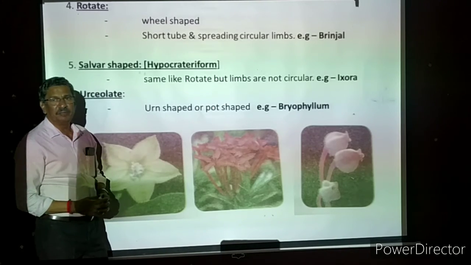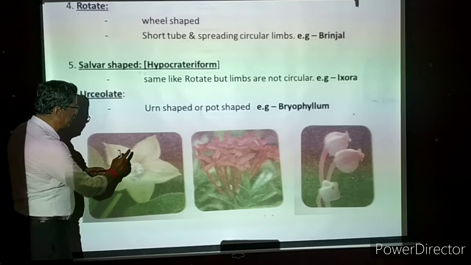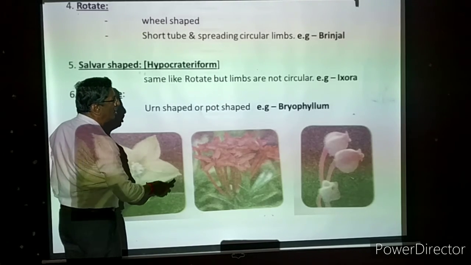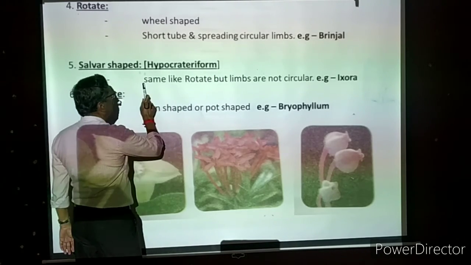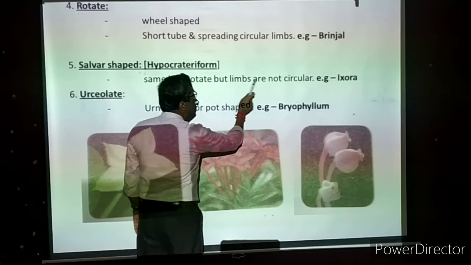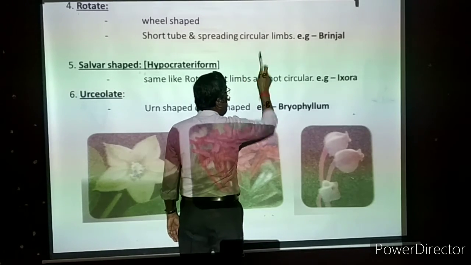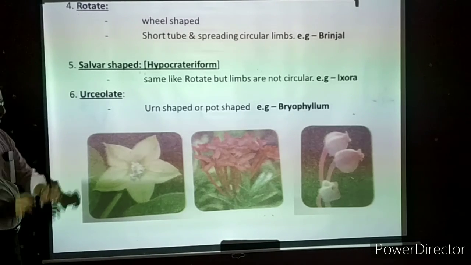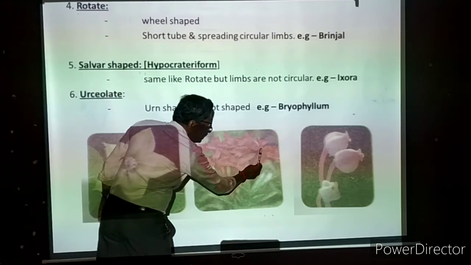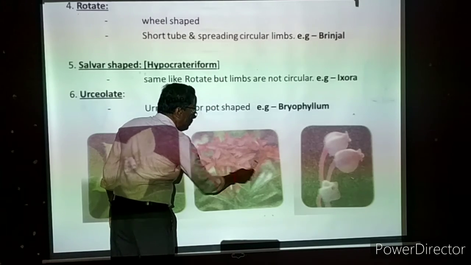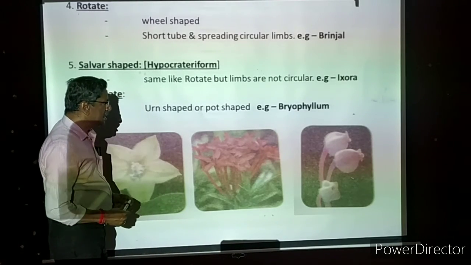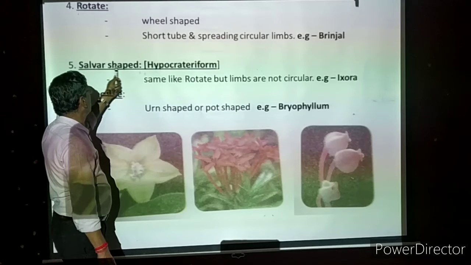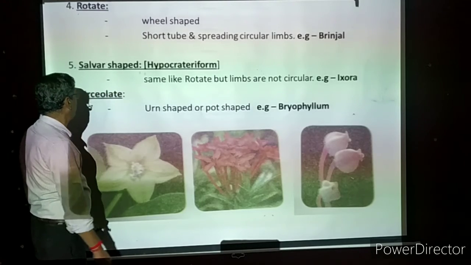But one very simple thing is different. In rotate the limbs are arranged circularly, but here the limbs are not circular, the arrangement is zigzag. You can see the zigzag arrangement of the petals, the limbs. That is called salwar shaped or hypocrateriform.